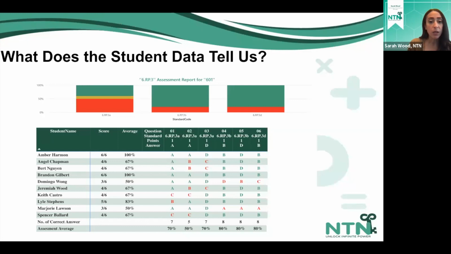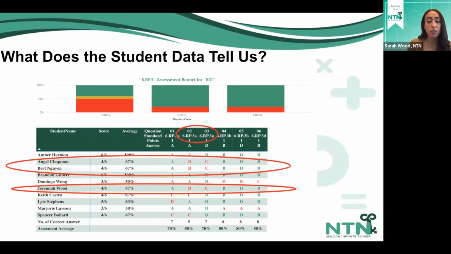So for example, if I were to take a look at this table specifically, I see that I have 3 students, Angel, Bert, and Jeremiah, who for questions 2 and 3 all chose the same common distractors. They all chose answer choice B for number 2 and answer choice C for number 3. So let's dive into that a little bit further.